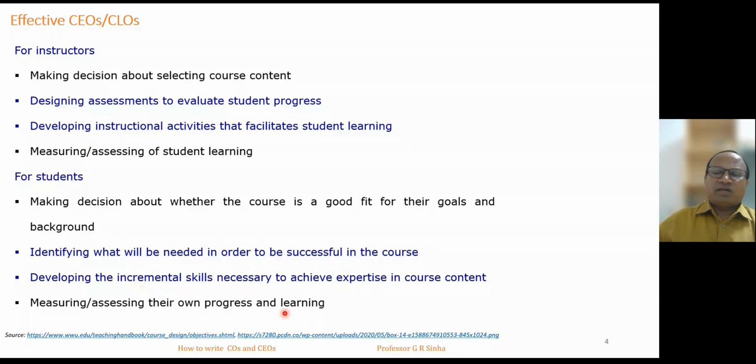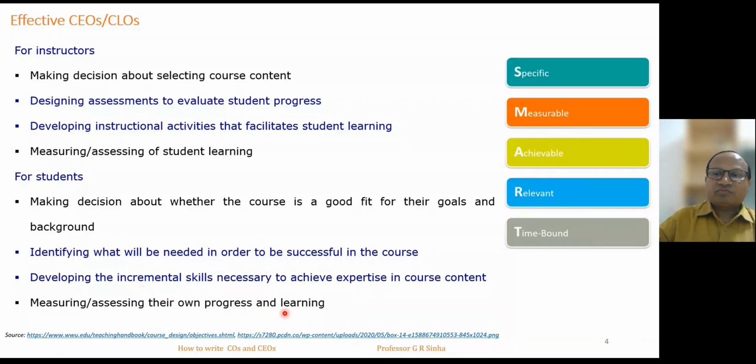Students will also be able to understand whether they will be able to do self assessment, self learning, and what kind of learning, how much learning they will be able to attain. They also might have some idea when they see the course content and description that includes mainly the course learning outcomes and the learning objectives.